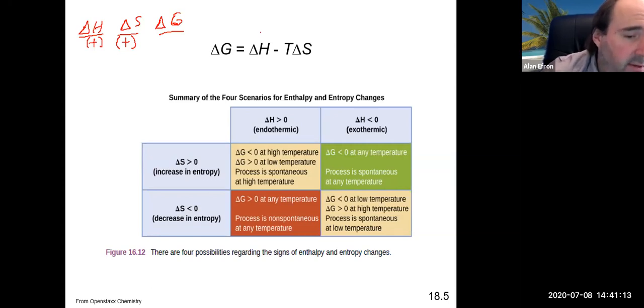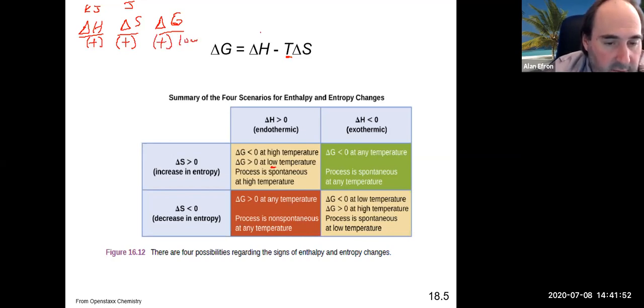But this is where units come into play, and it's important because delta H is in kilojoules and delta S is in joules, which means to start off with, our delta H is 1,000-fold higher than our delta S. So under normal or low conditions where the temperature value is low, the back end here will always be smaller than the front end, which means under low temperatures, we would expect the delta G to be a positive number.